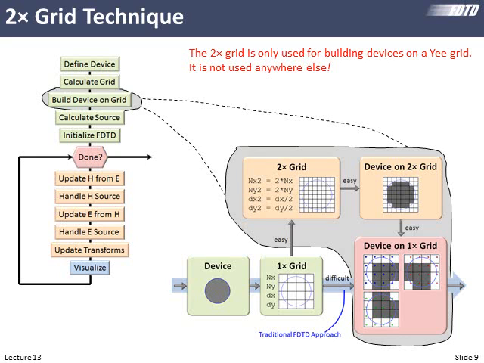And once we have that 2x grid, we essentially just skip every other cell, and we can extract our 6 different arrays on the Yee grid instead of the 2x grid. Once we extract all of our arrays, we're done with the 2x grid. We throw it out. We don't ever use it again in our code. It's only a trick to build our devices on the Yee grid and sort out where they all lie in terms of their staggering.